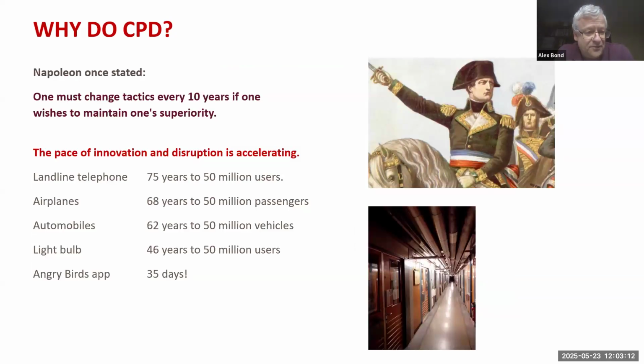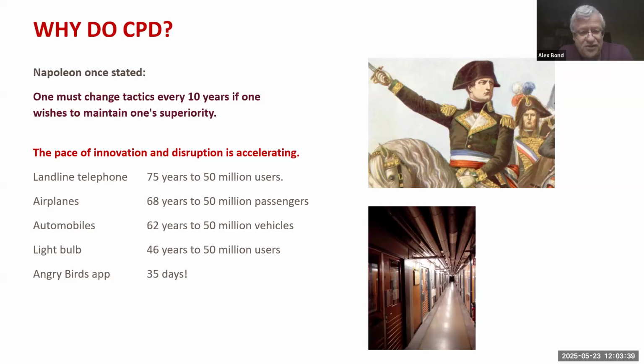Napoleon stated that we have to change tactics every 10 years if you wish to maintain superiority. That's the same in terms of engineering knowledge. We have to keep pace. And the pace of innovation is rapidly accelerating. The examples we've got there, so 75 years to 50 million users for the telephone, 68 years for 50 million passengers on airplanes.